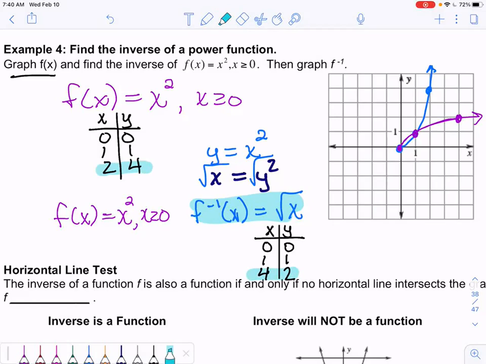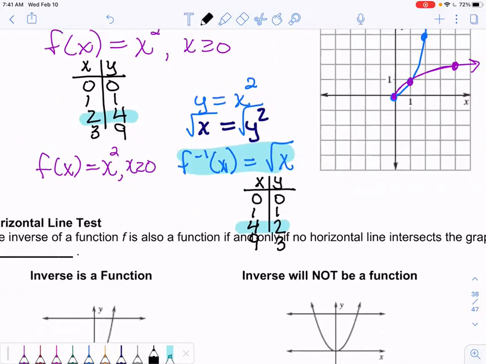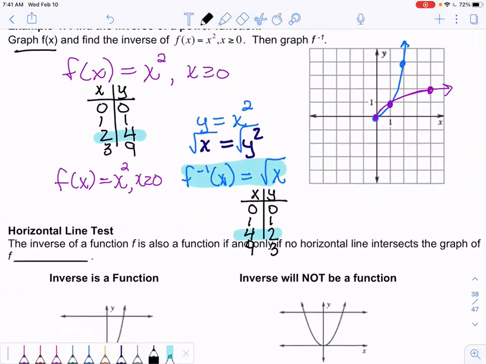So if I picked another number, if we chose 3, 3 squared is 9. Well, if I would have chosen 9, the square root of 9 is 3. So my x and y switch each time from a regular graph to the inverse. And that's that fact that you're switching x and y, you're switching your input and output values. And you can see in the graph that there is a relationship of that graph.